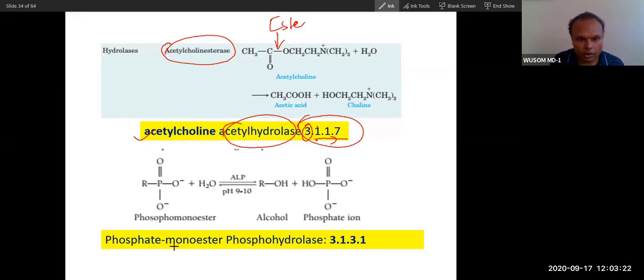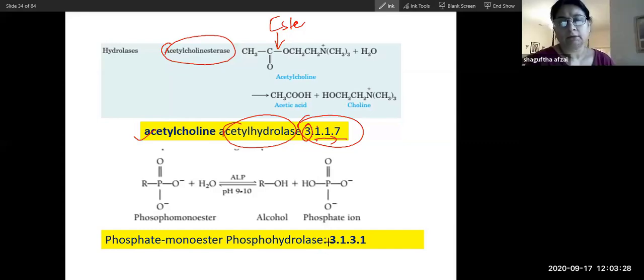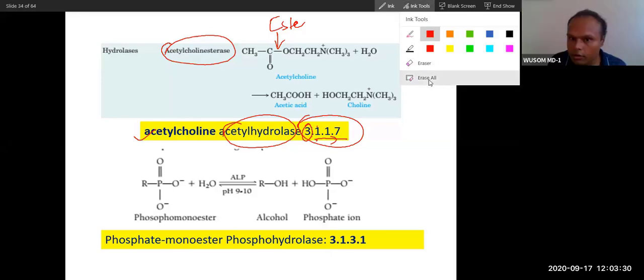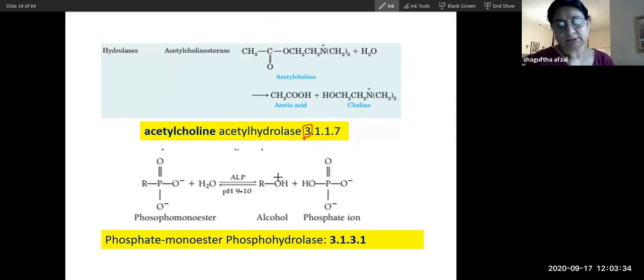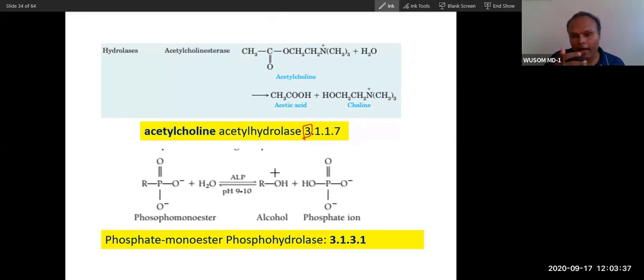Yes, any problem? If it's a 3, how do you figure out from the number what kind of reaction this is? Yes, because I know the whole classification. As a matter of fact, you don't have to go into detail of the classification. You need to know only 3. If you can classify this as a transferase, or this as a hydrolase, that is fine.